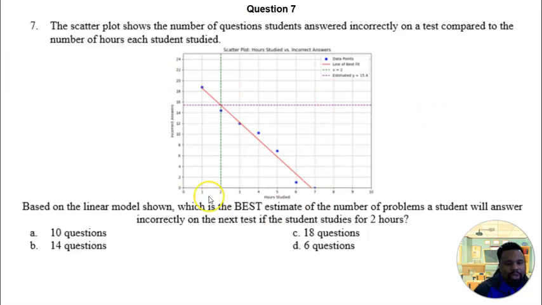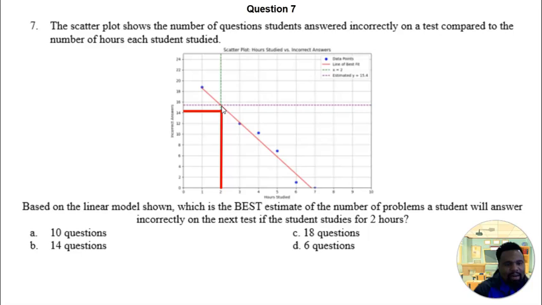So look at your hours studied, look at 2. And you want to go all the way up here, closest to your line of best fit, which is here. I put the line in the wrong spot at first.